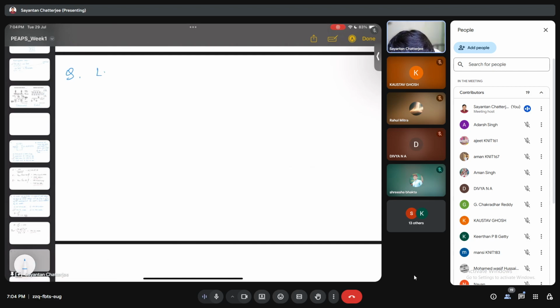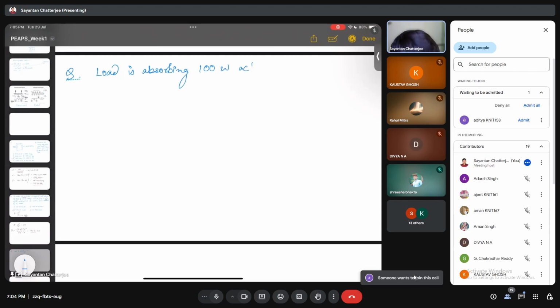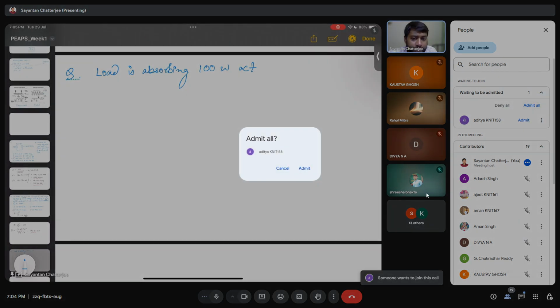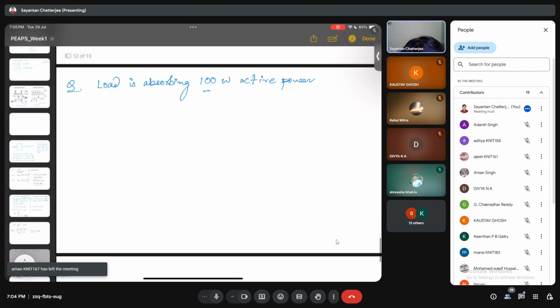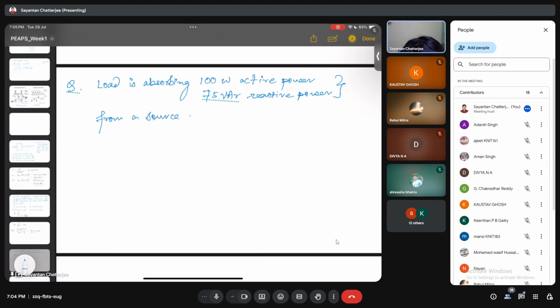It is given a load is absorbing 100 watt of active power and 75 VAR of reactive power, and these two from a source of 250 volt 50 hertz single phase supply.